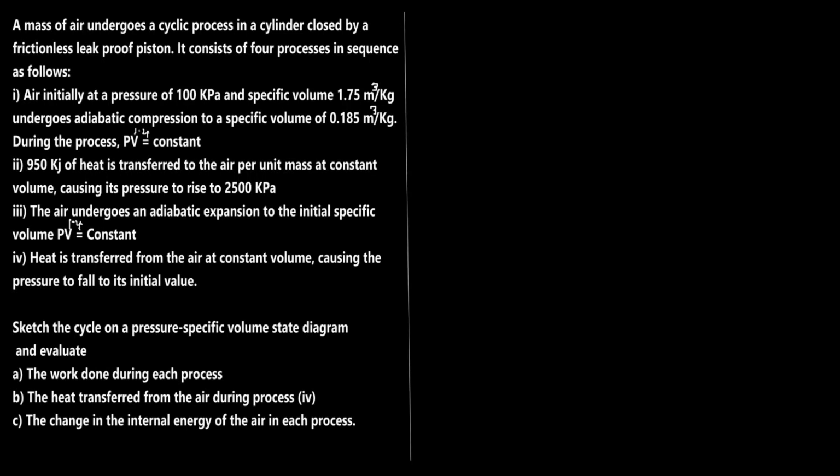For our final problem, a mass of air undergoes a cyclic process in a cylinder closed by a frictionless leak-proof piston. It consists of 4 processes in sequence as follows. 1.